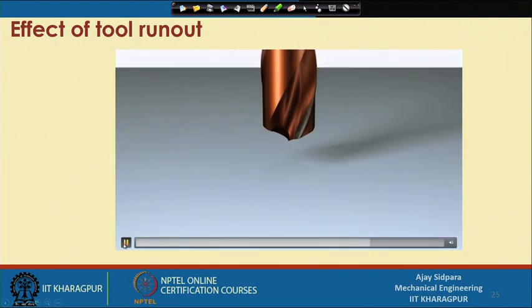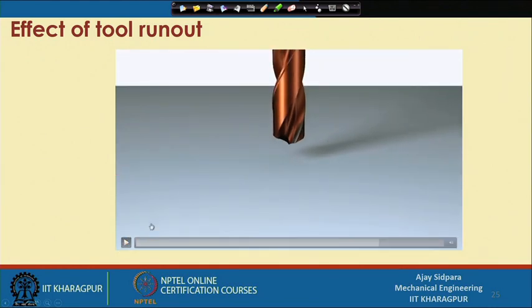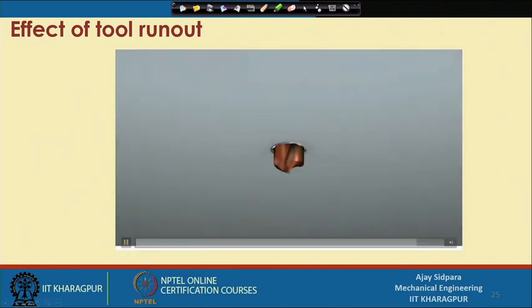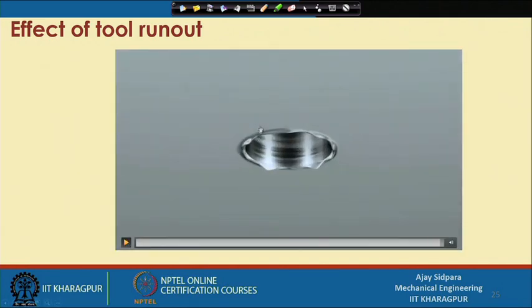You are also getting a different type of surface here, and if you continue like this, you end up with burr formation. Before the tool reaches the end surface, that edge is already worn out, and with a worn edge the cutting edge radius is very high.